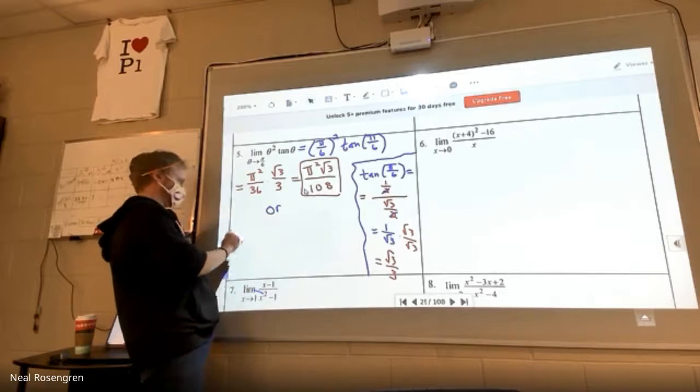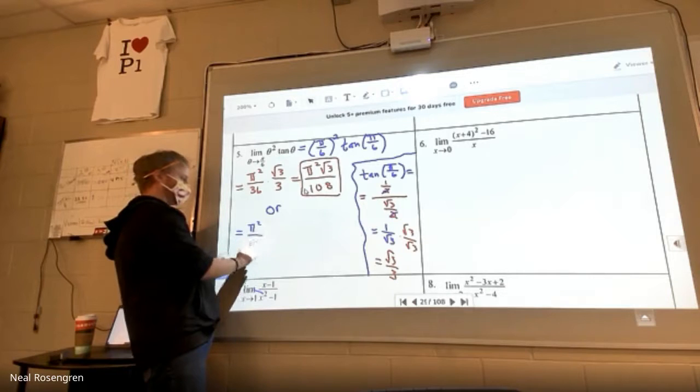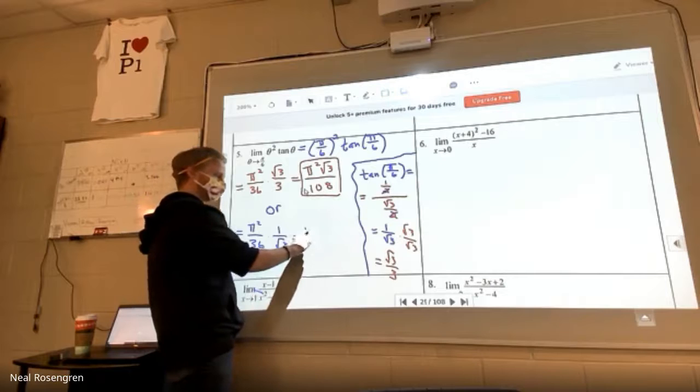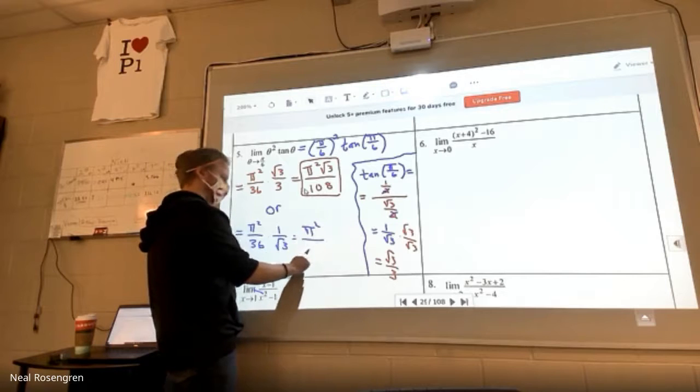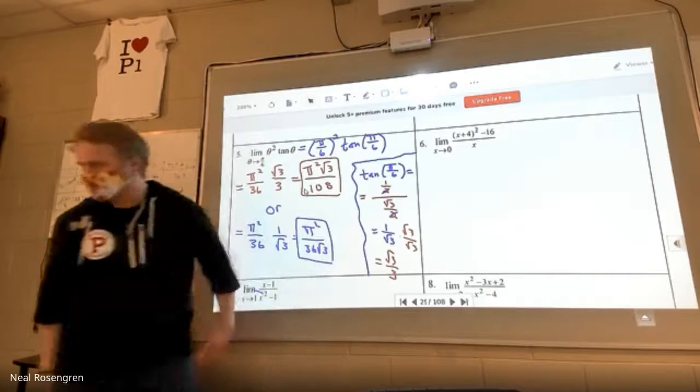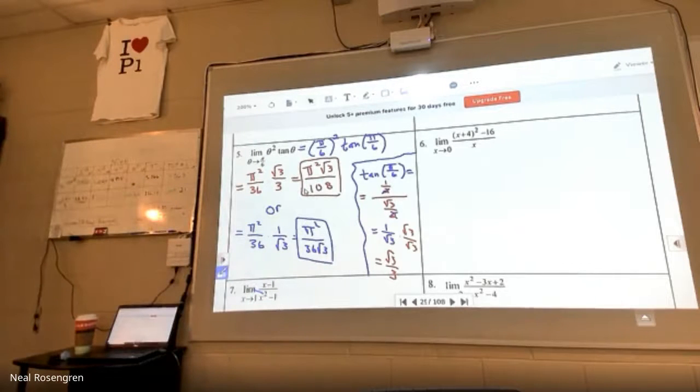Or pi squared over 36 times the 1 over radical 3. And just multiply across, pi squared over 36 radical 3. If this was a free response question, if this is an FRQ, which it is right here, either one of those is fine. If this was a multiple choice, only one of those answers would show up.